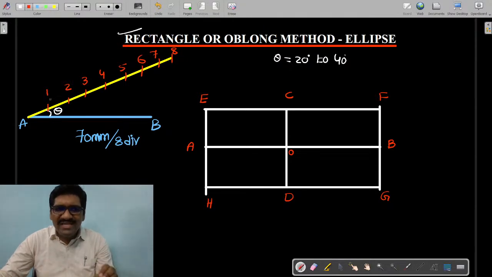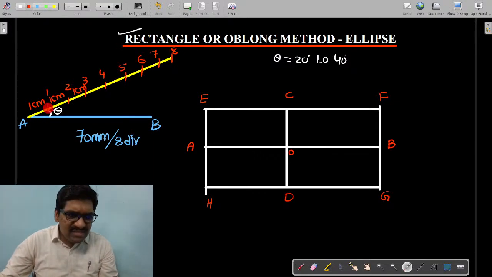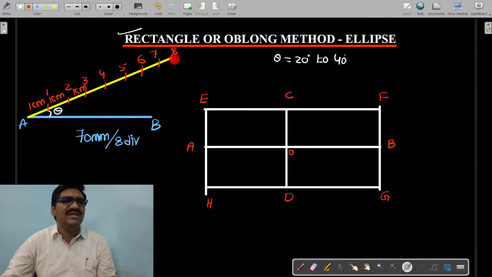What is the value of each division? You better take it as 1 centimeter each. Everything is 1 centimeter, but the point is these should be equidistant.